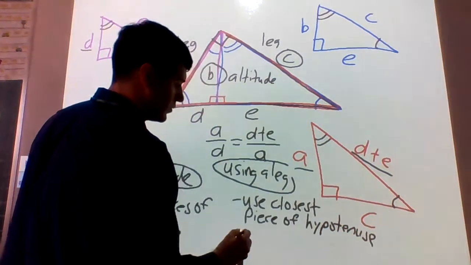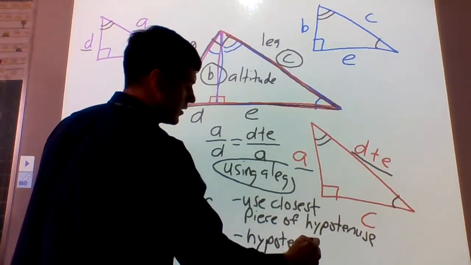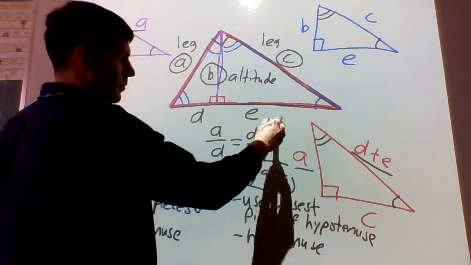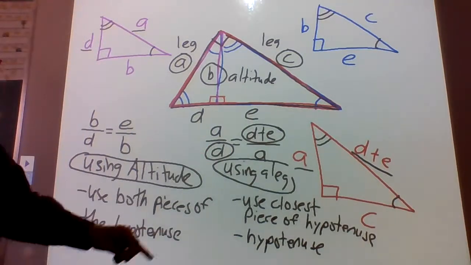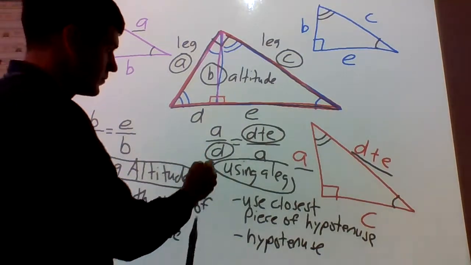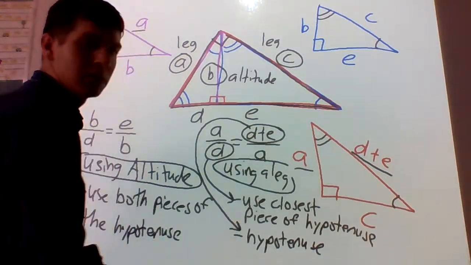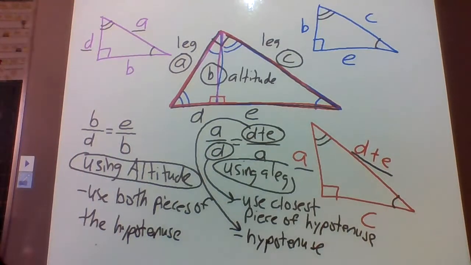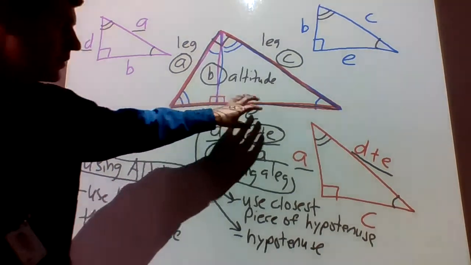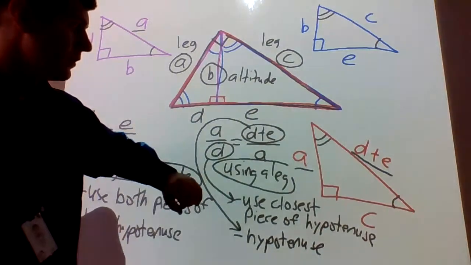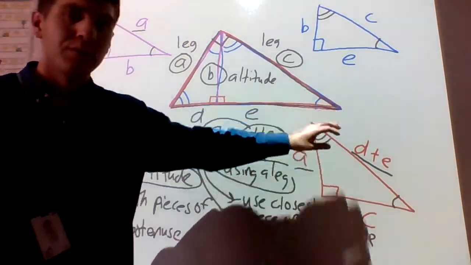Okay, and then we're going to use the hypotenuse. Okay, so here the hypotenuse is D plus E, and the closest side is D. Okay, and then D plus E is the hypotenuse. Okay, again, altitude, we're using two pieces of the hypotenuse, D and E. If it's a leg, we're using the closest, and then we're using the hypotenuse.